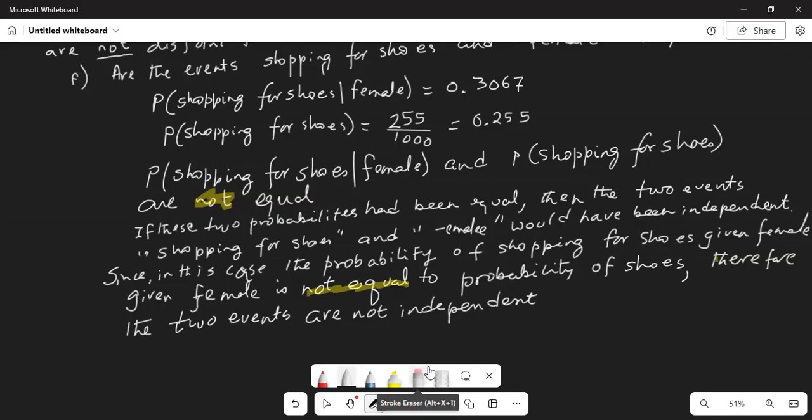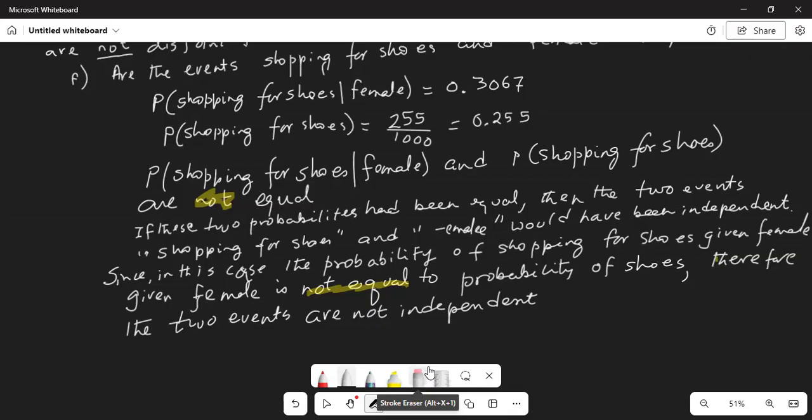So if the probability of shopping for shoes given female would have been equal to the probability of just shopping for shoes, if these two probability numbers had been equal, then the event shopping for shoes and the event female would have been independent.